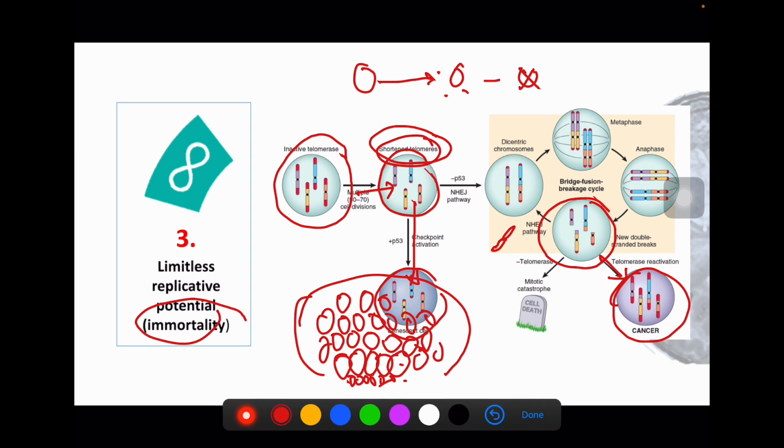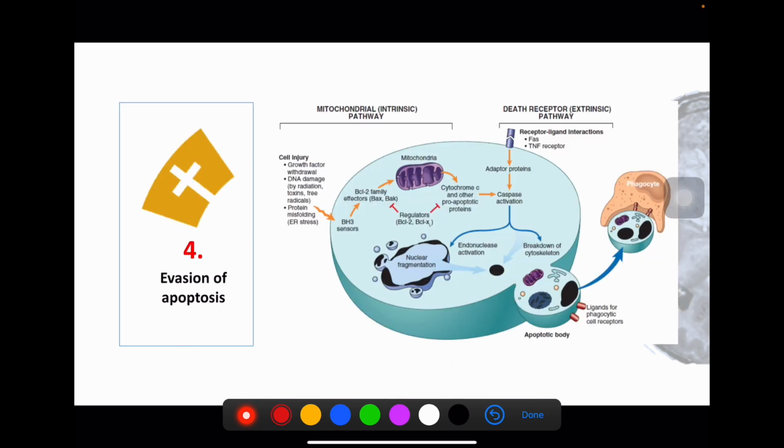And the last one for this part is evasion of apoptosis. I hope you remember the processes involved in apoptosis, which makes a cell produce apoptotic bodies.